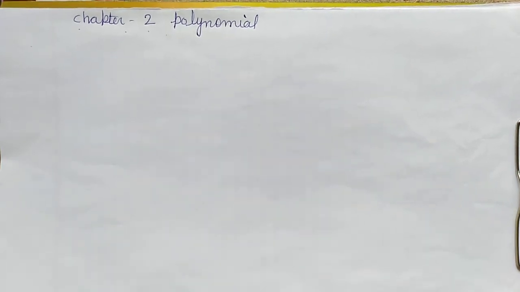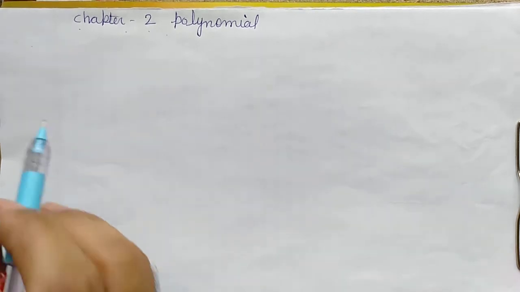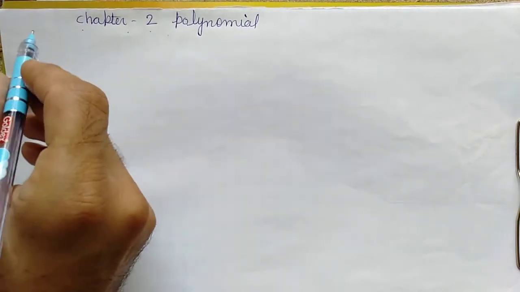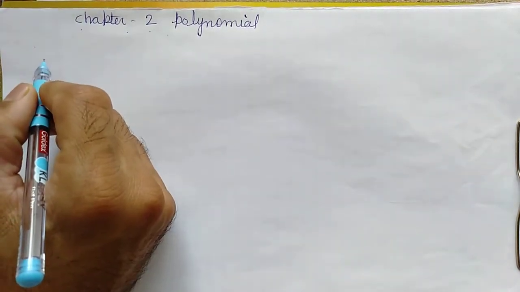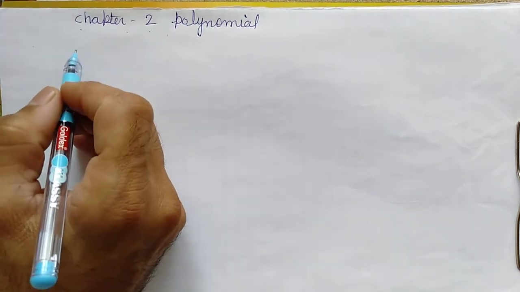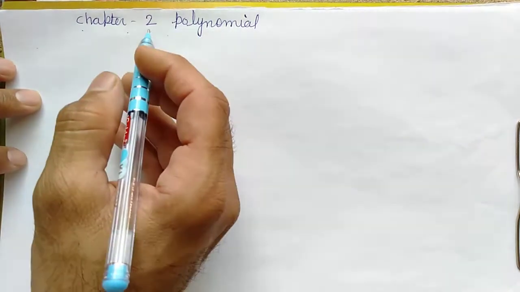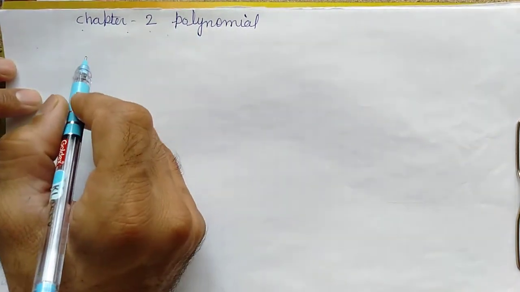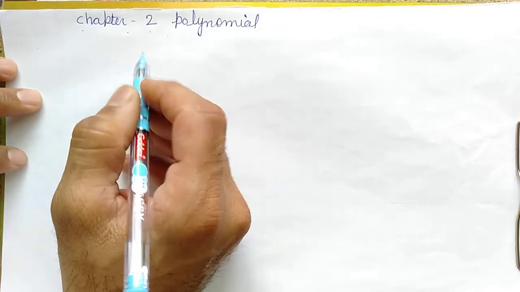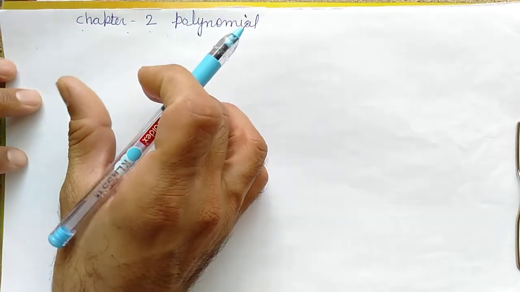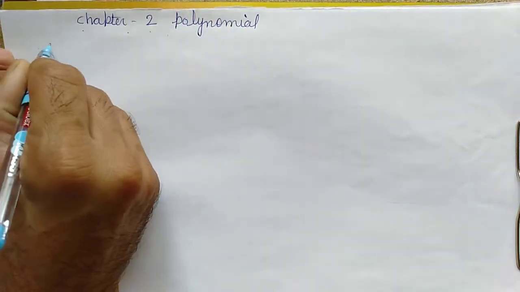As we have learned in previous classes also, in 8th class, what is polynomial? Polynomial is an expression in a variable and constant, right? And it contains some terms, and terms are separated by plus or minus sign, right?